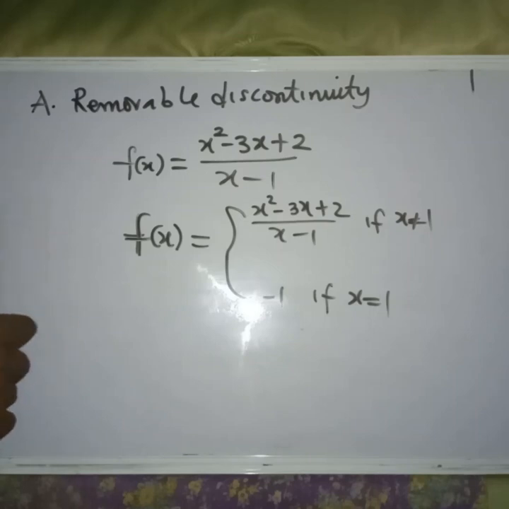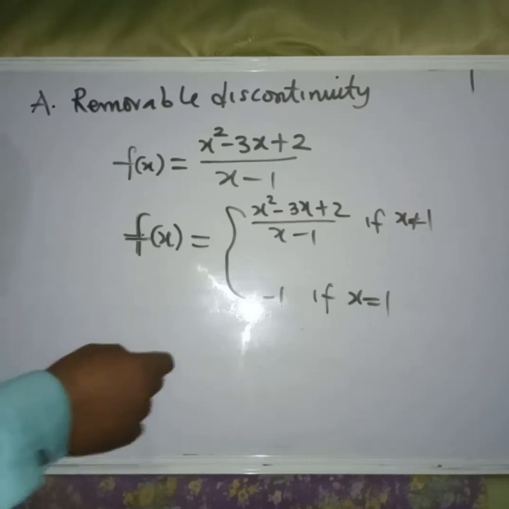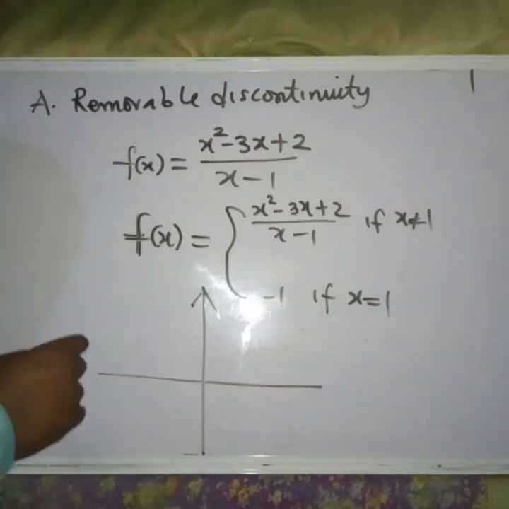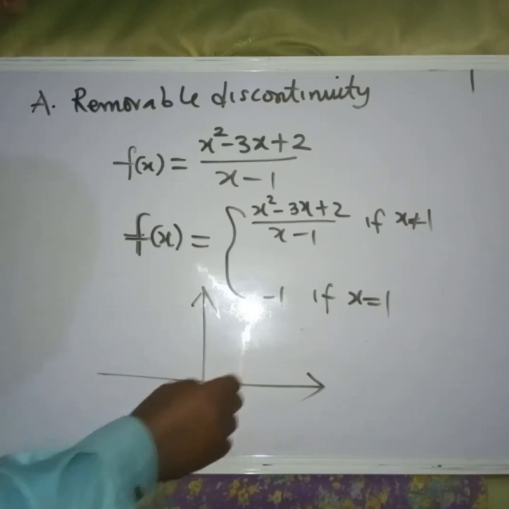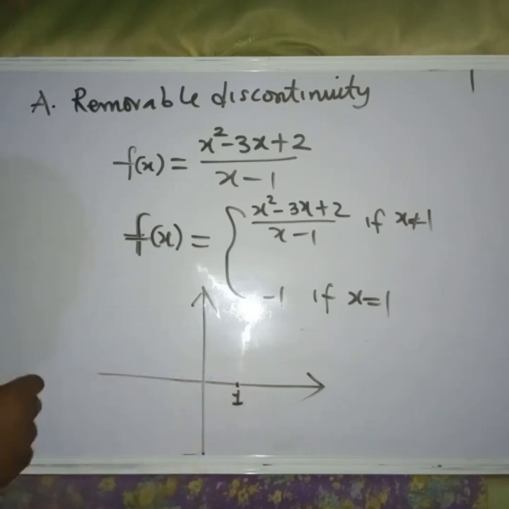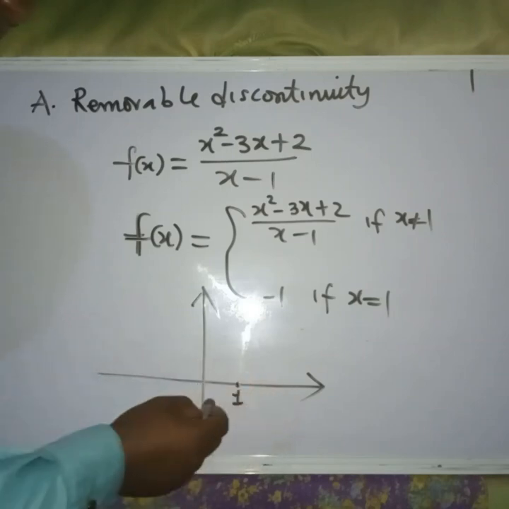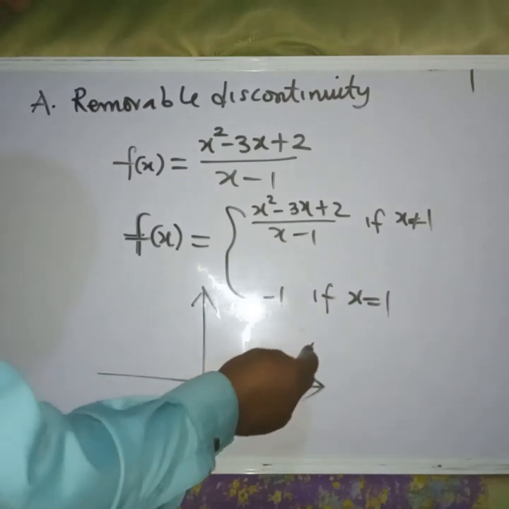We want to see how this looks on the graph, and where we remove the point of discontinuity. So this is point 1. If x is tending to 1, either from the left or right, the graph of this function is this.